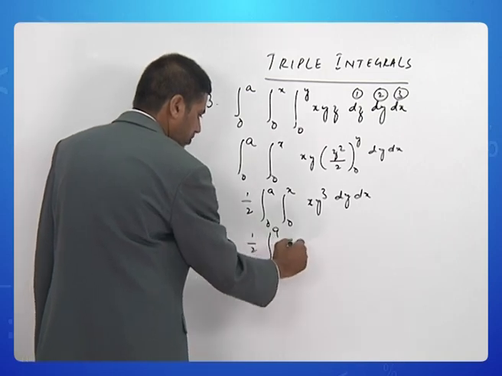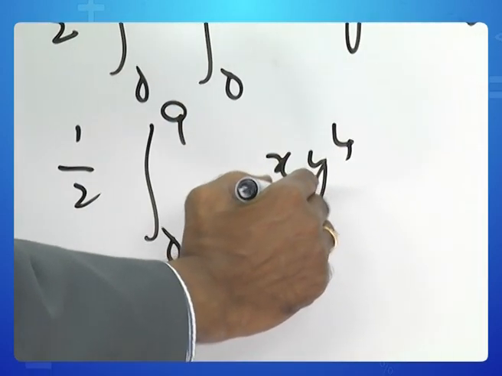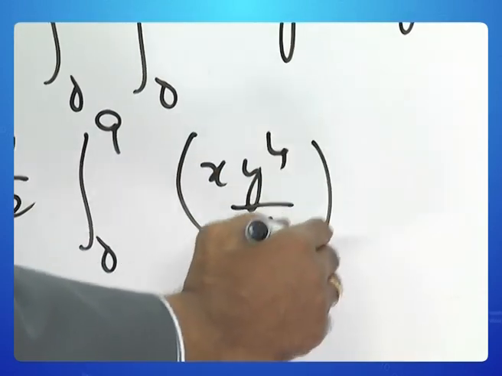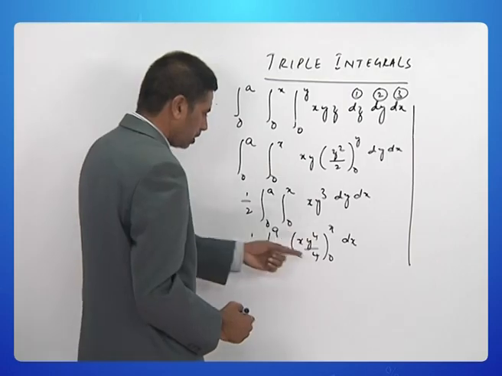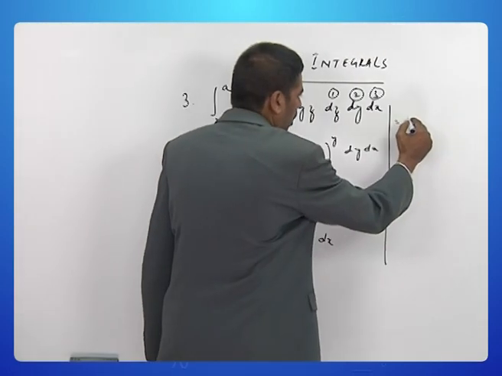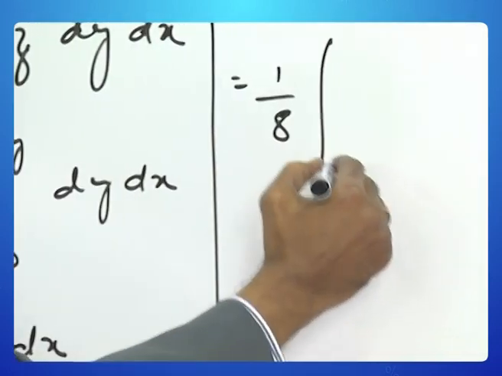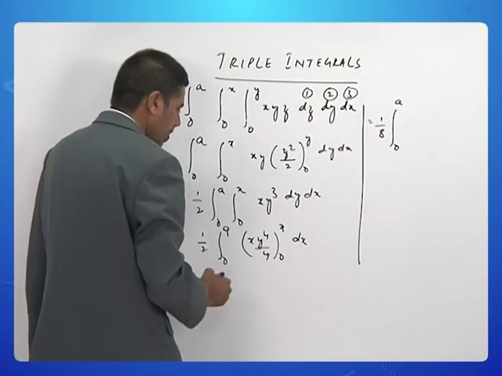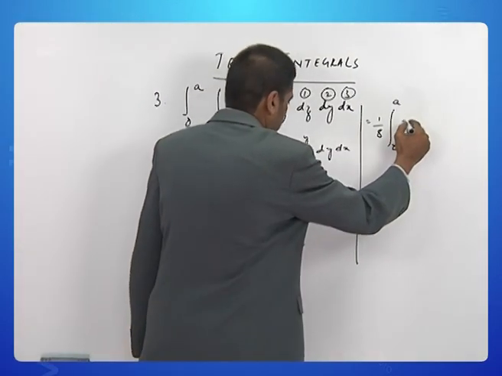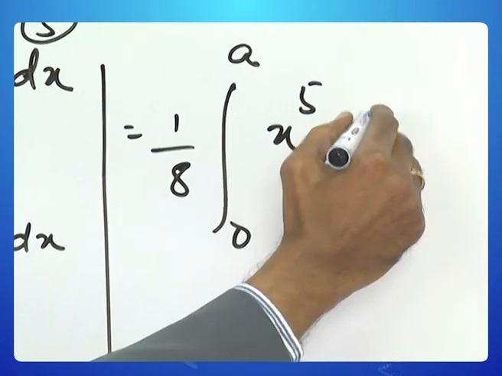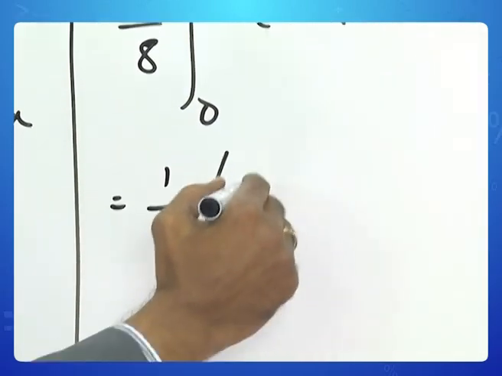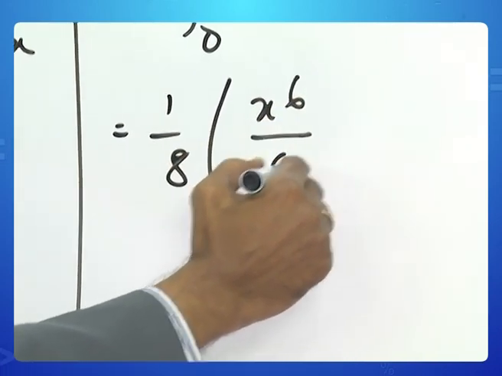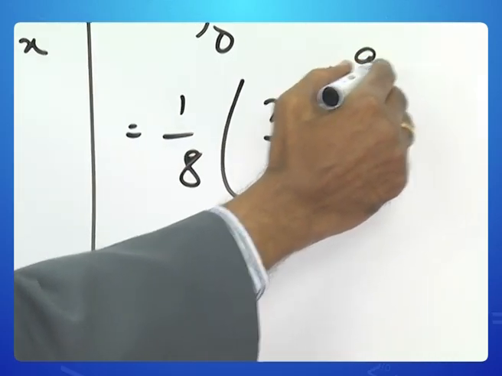No challenge. x y power 4 by 4 from 0 to x dx. Apply the limits and you'll have 1 by 8 integral 0 to a x to the power of 5 dx. So 1 by 8 x power 6 by 6 from 0 to a.